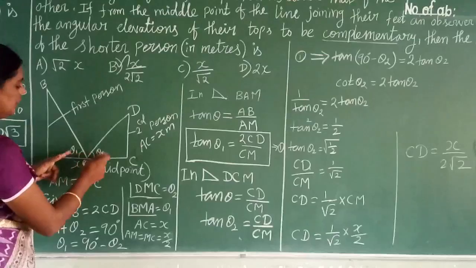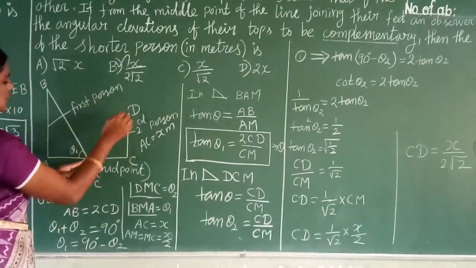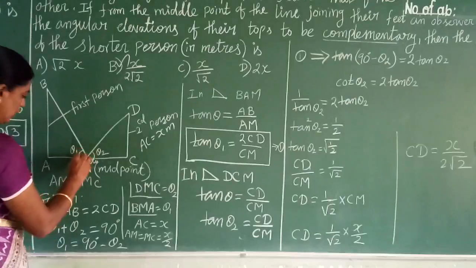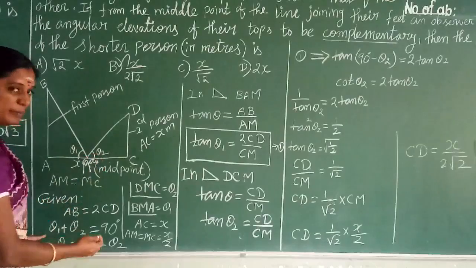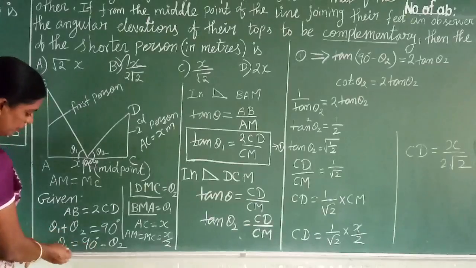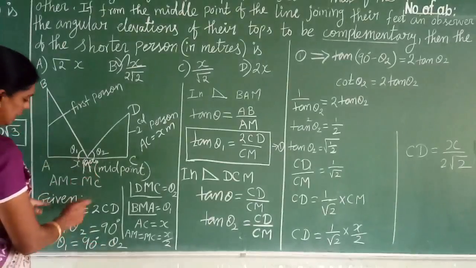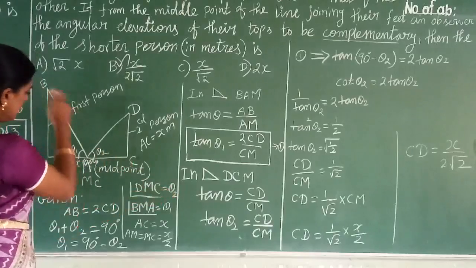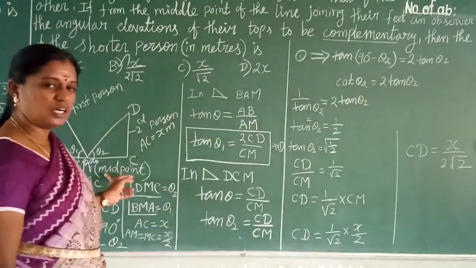Next, the angles from this midpoint to the tops of the two persons are complementary. Suppose this one is angle theta 1 and this one angle theta 2. Complementary means adding these two angles we get 90 degrees, so theta 1 is 90 degrees minus theta 2. Clear? So take DMC equal to theta 2 and BMA equal to theta 1, since we don't know the values of theta 1 and theta 2.